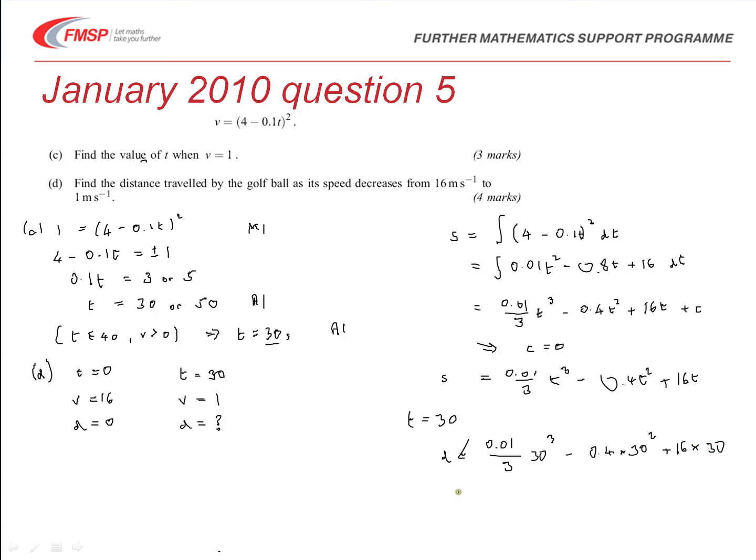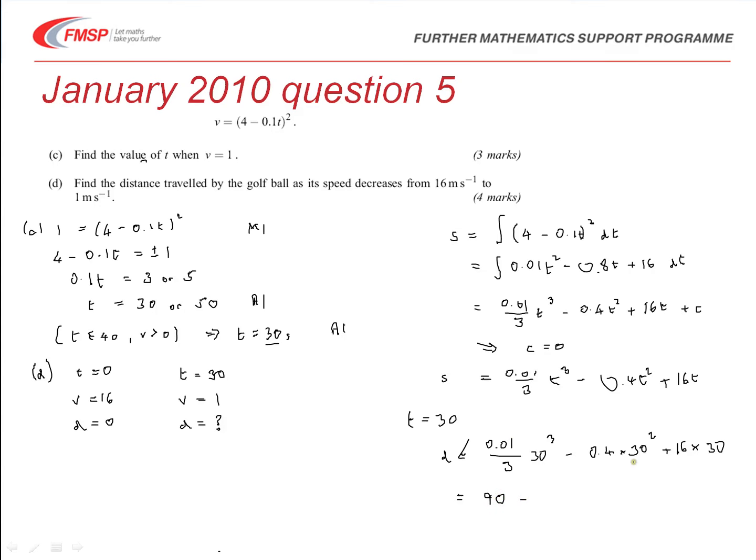Which in turn is going to give me, well, one of those threes, the hundreds will go, so you're going to get 27 over 3, which is 9. And then that's times 10, so that becomes 90.